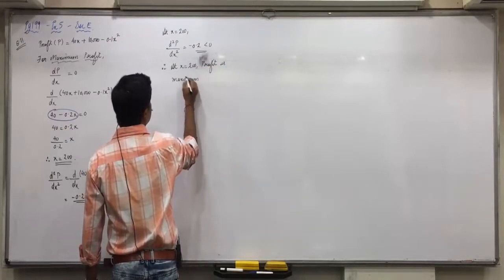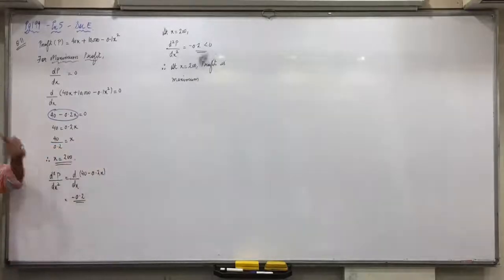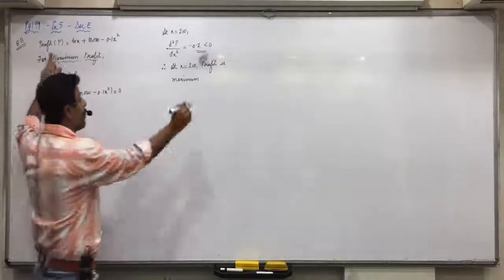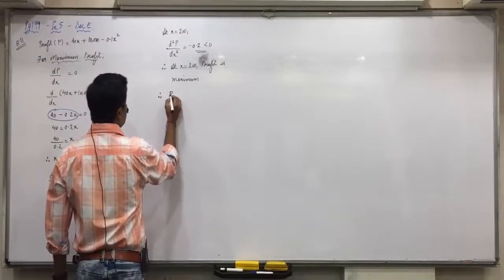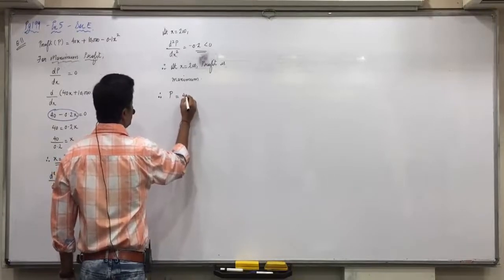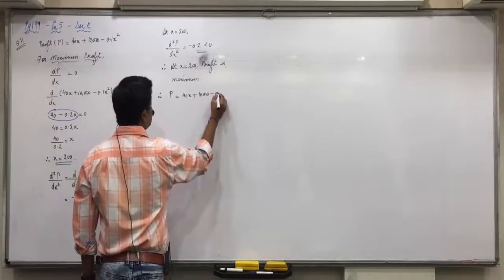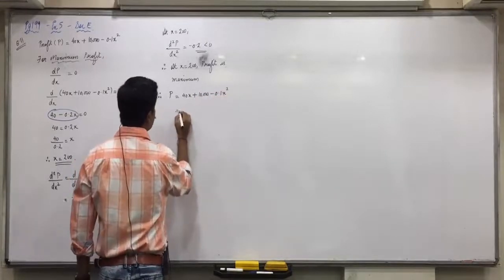Did all of you understand this? Any doubts in it? Now, we are also asked maximum profit, means this x we have to put in the profit function. So profit P equals 40x plus 10,000 minus 0.1x².